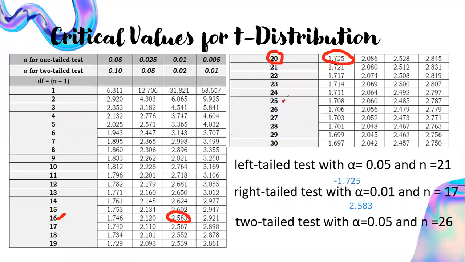And then alpha equal to 0.05 at a two-tailed test. The intersection is this one. And since it's a two-tailed test, your critical value for t must be positive and negative 2.060.